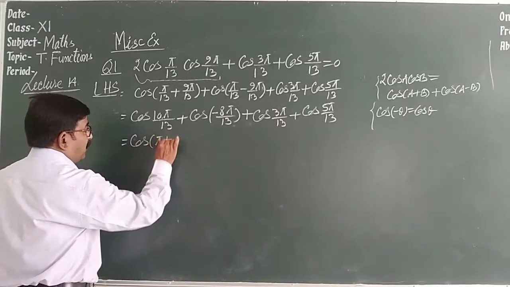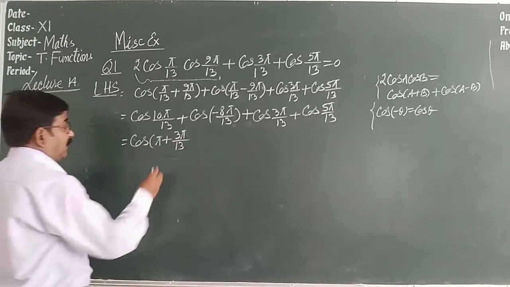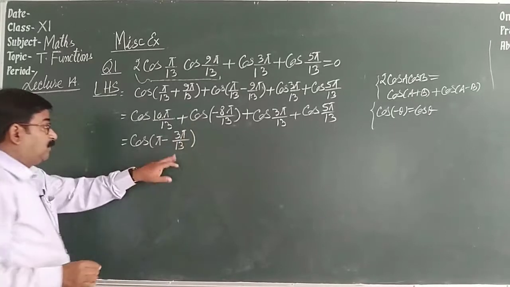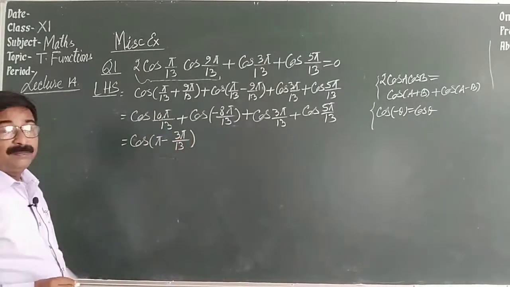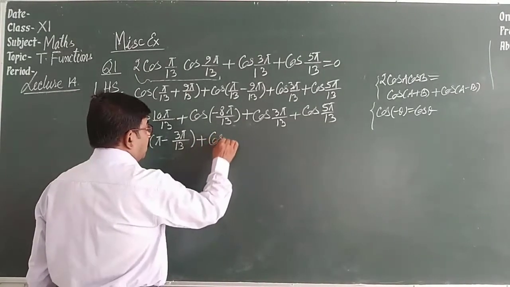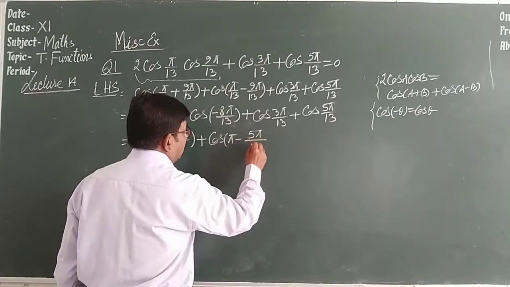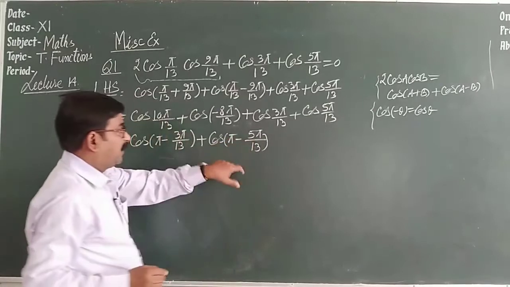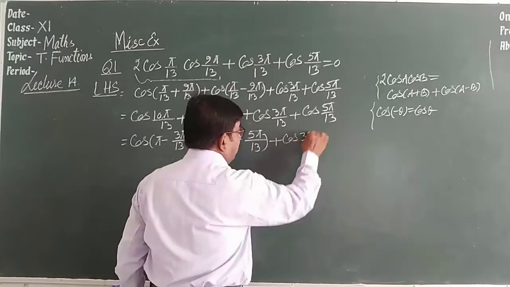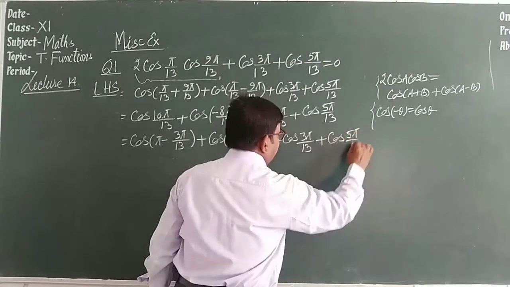Pi minus 3 pi by 13 gives 10 pi by 13, since 13 pi minus 3 pi is 10 pi. Now this becomes positive, and this can be written as cos(pi minus 5 pi by 13), since 13 minus 5 is 8 pi by 13, plus cos 3 pi by 13 plus cos 5 pi by 13.